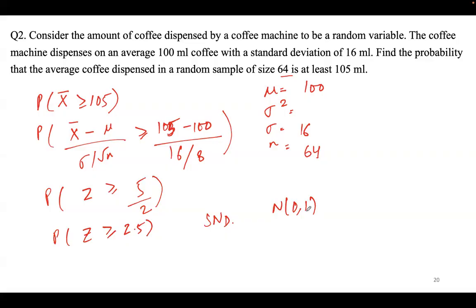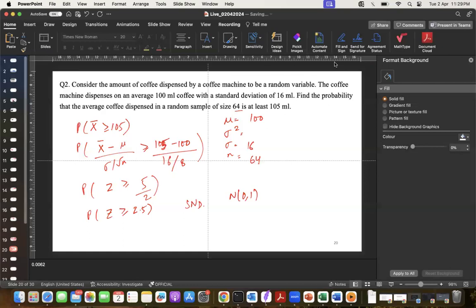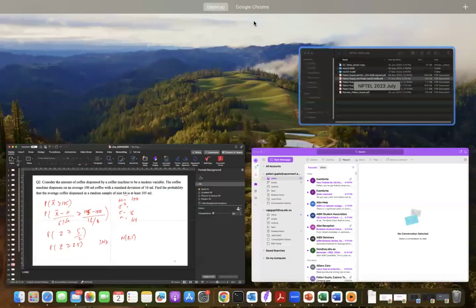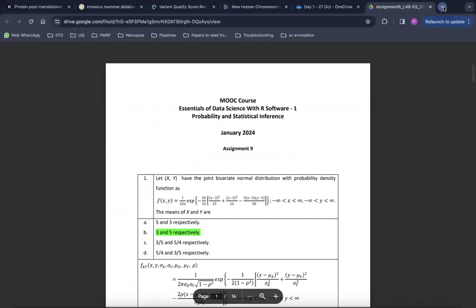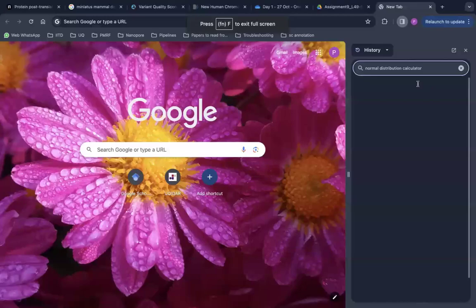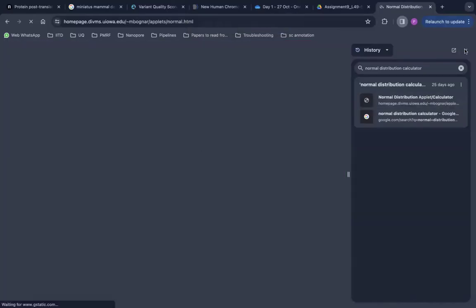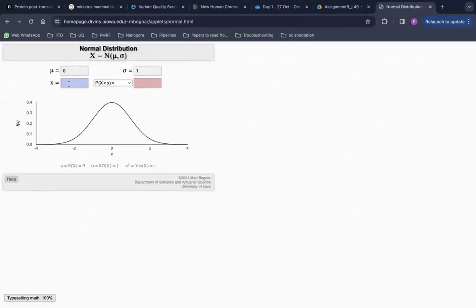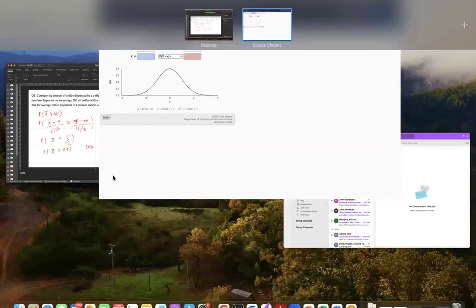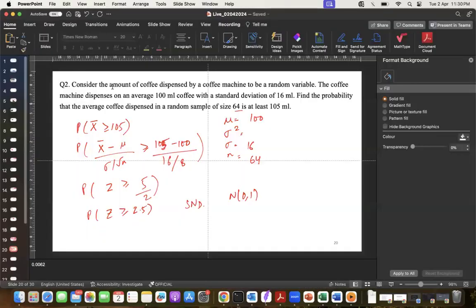But just for demonstration, if you remember in one of the initial lectures, we had seen this normal distribution calculator, right? This one. So now we have a standard normal. So this is 0, 1. And we are interested in value greater than 2.5.